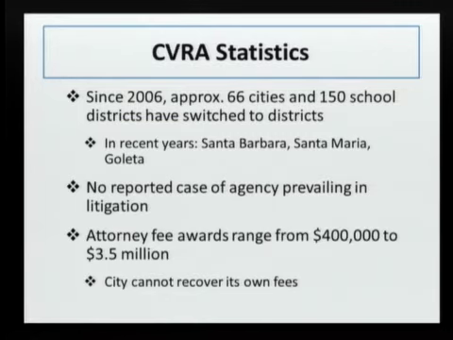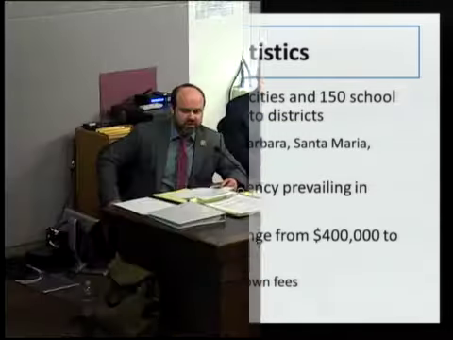We believe that the city of Santa Barbara, after litigating for a time and then ultimately settling, wound up with an approximately $800,000 attorney fee bill. That's an important point under the CVRA because plaintiffs are entitled to their attorney's fees if they prevail, and prevailing really means having the city make the switch, whereas local jurisdictions are not entitled to attorney's fees unless they can prove that the case is purely frivolous, which would be a high burden to meet.